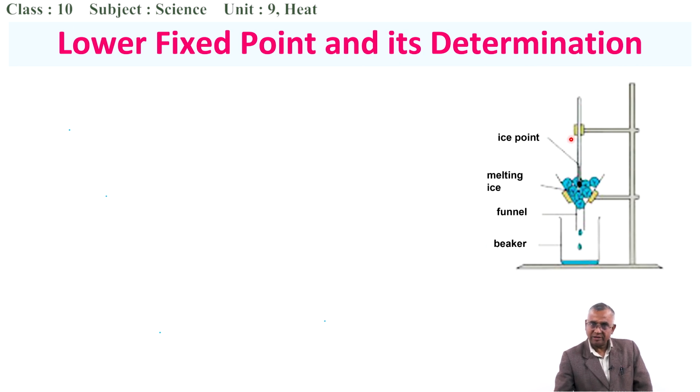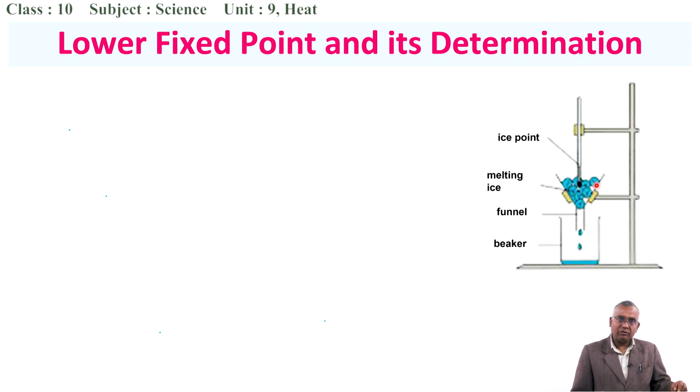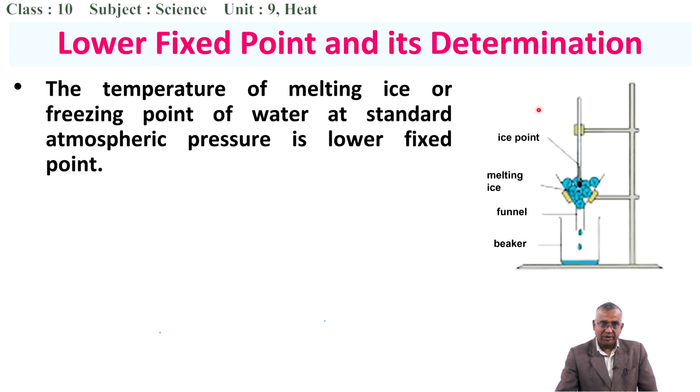And here is a thermometer. In fact, we are using an already calibrated thermometer, just finding out whether the lower fixed point is really 0 degrees Celsius and the upper fixed point is 100 degrees Celsius or not. For it, the temperature of melting ice or freezing point of water at standard atmospheric pressure, means at sea level, is the lower fixed point.